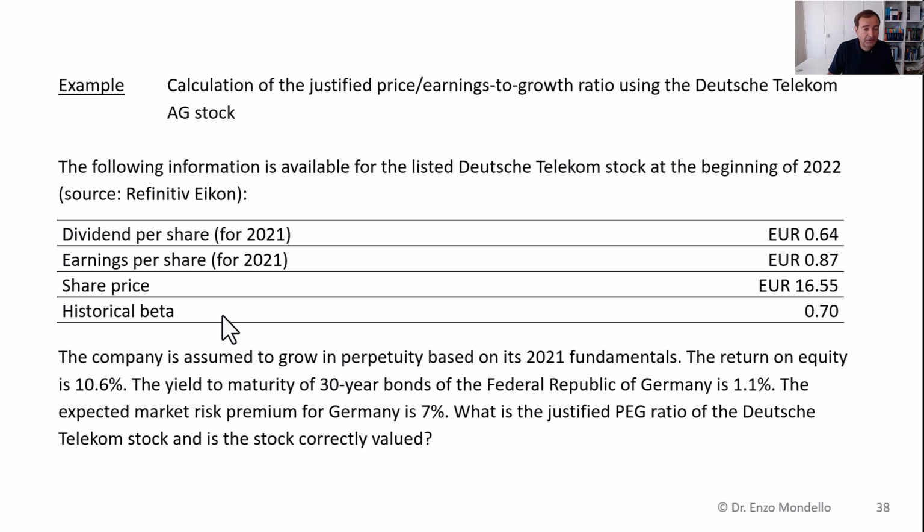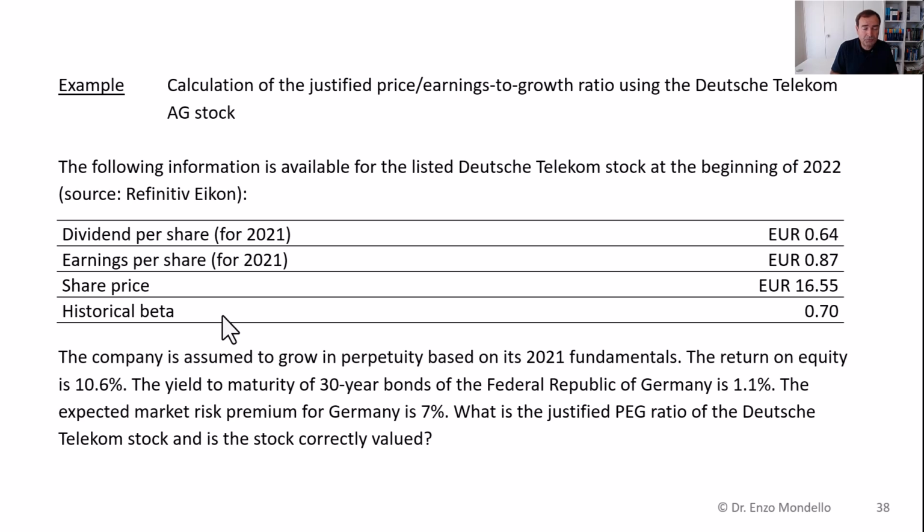Then we know the earnings per share for the year 2021, that is 0.87 euros. The traded share price at the beginning of 2022 is 16.55 euros, and the historical beta of the stock is 0.7.